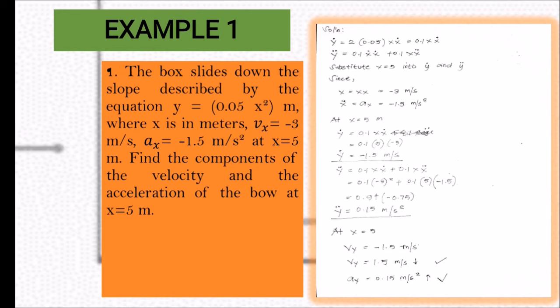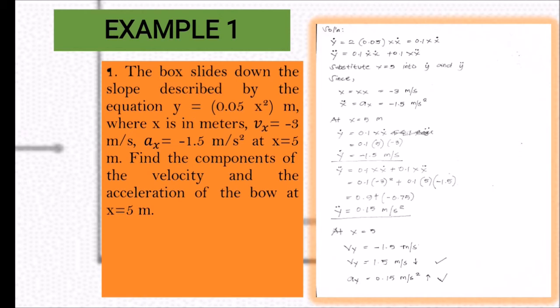Then the second derivative of y is equal to 0.1 times the first derivative of x squared plus 0.1 x times the second derivative of x. Then we need to substitute x is equal to 5 into the first derivative of y and second derivative of y.